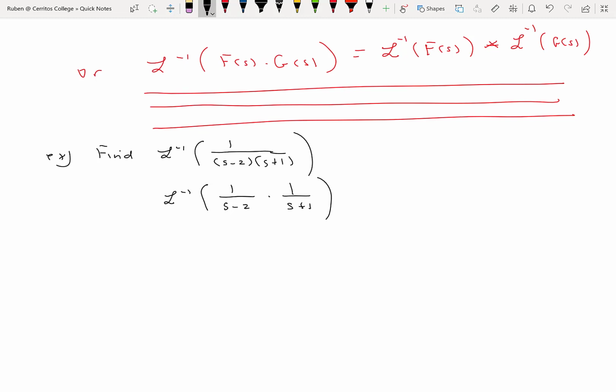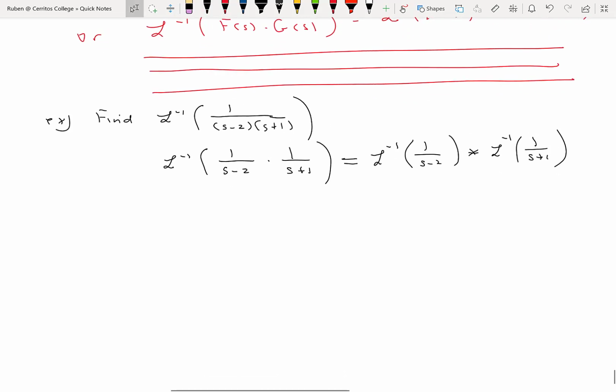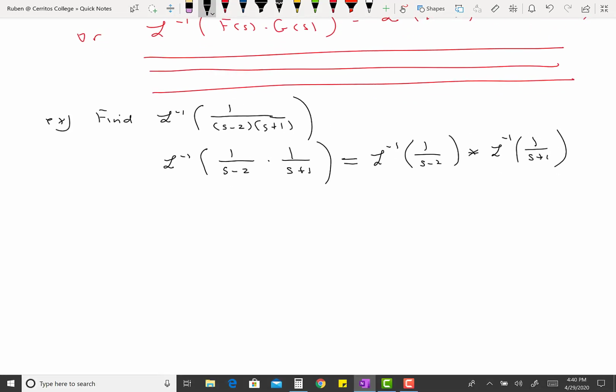The capital G(s) is 1 over s plus 1. And the big result says that this equals the inverse Laplace transform of one convolved with the inverse Laplace transform of the other. Okay, these individual inverse Laplace transforms are trivial.